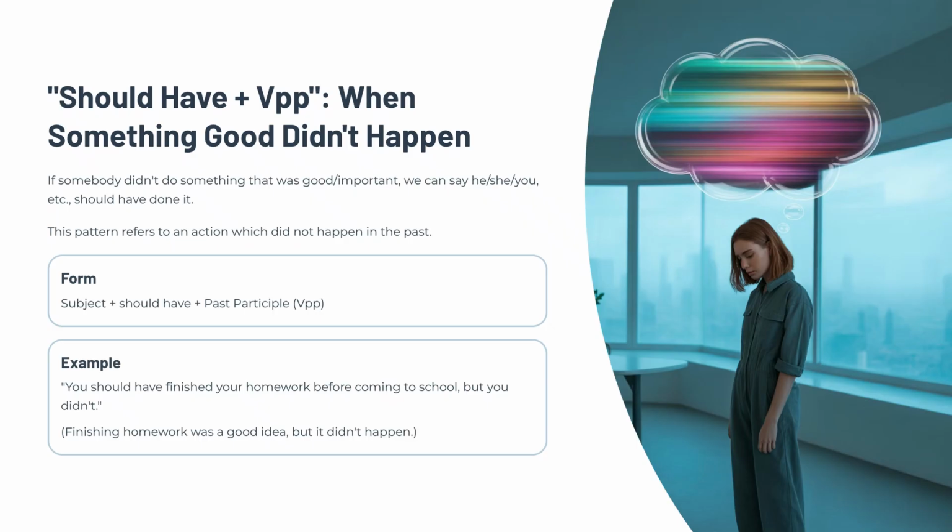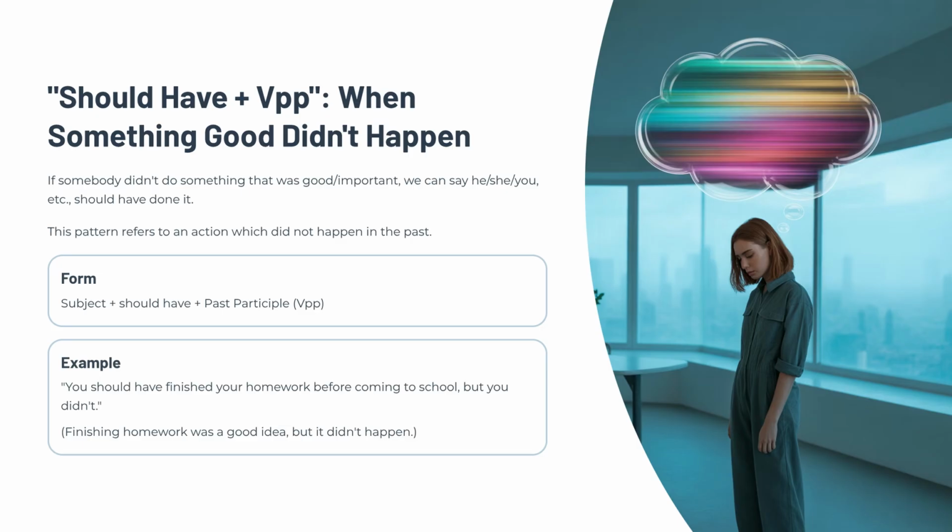Now, let's move into talking about the past with should have and VPP, or past participle as we call it. This one is about regret or a missed opportunity. If somebody didn't do something that was good or important, we say, they should have done it. This pattern refers to an action that did not happen in the past.